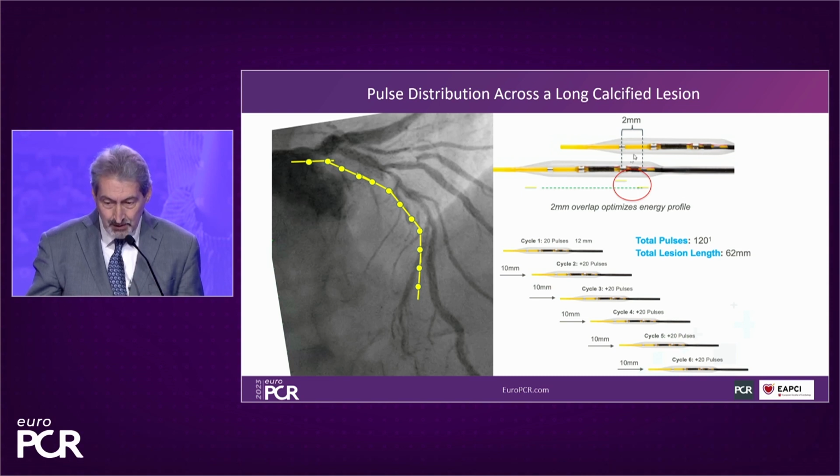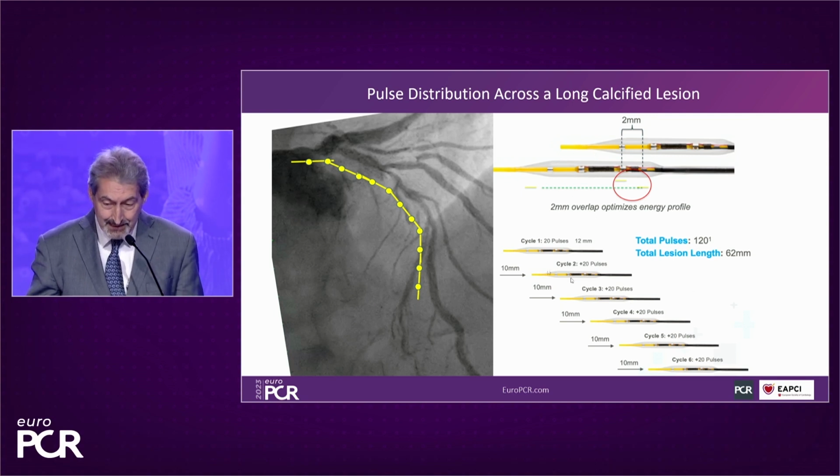You withdraw half of your balloon so that you have your distal marker at the level of the more proximal of the two emitters, and then you are sure that these 10 millimeters of vessel segment is properly addressed by the energy of your device.